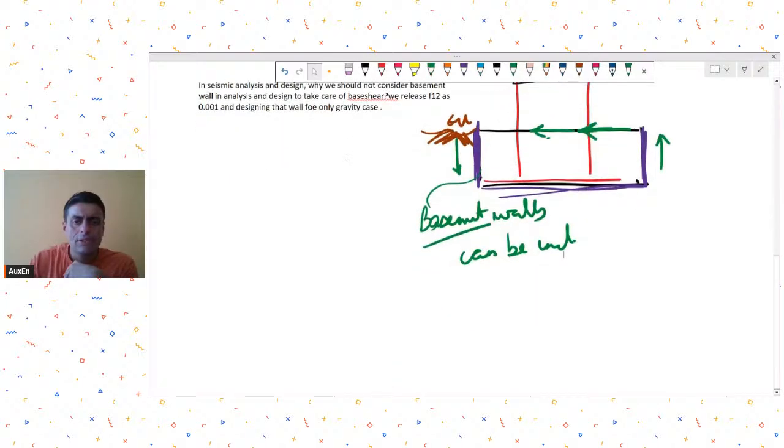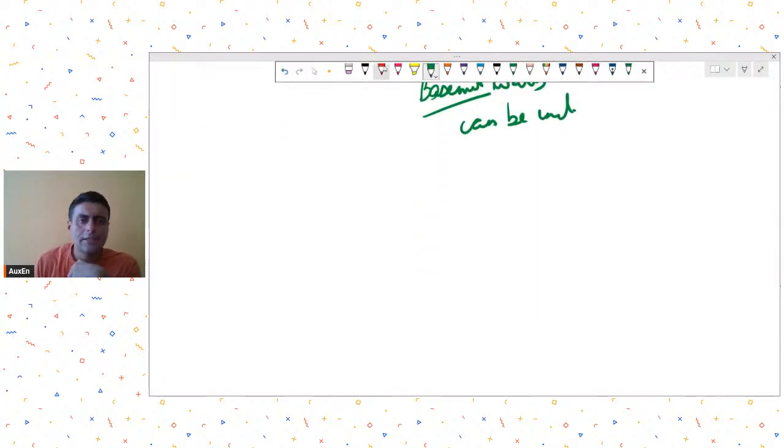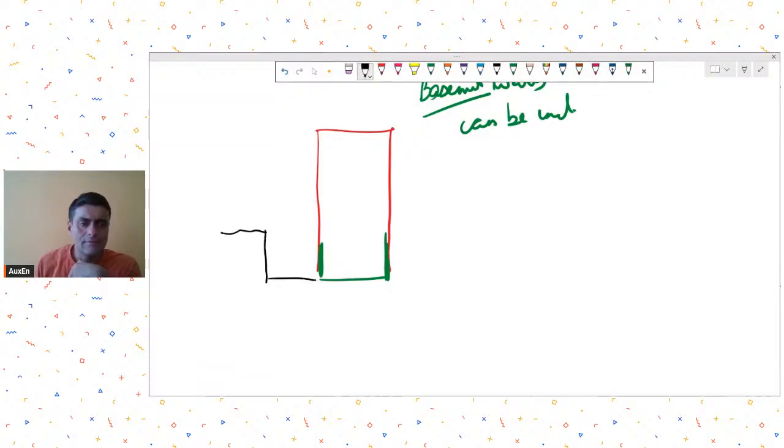But if you have such a situation, let's say where you have this building and it has its own basement wall and a raft, but then that's it, and let's say it's a standalone basement wall, your ground level is over here, and maybe some retaining wall over here which is not connected directly with this basement wall.